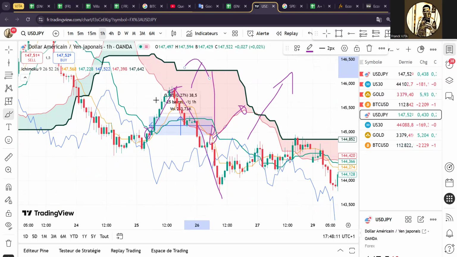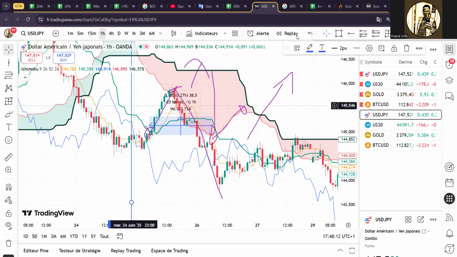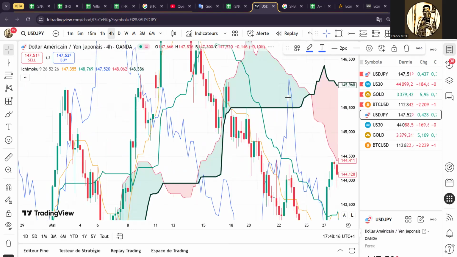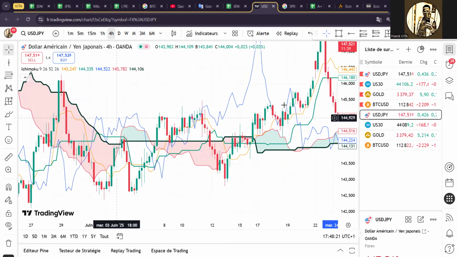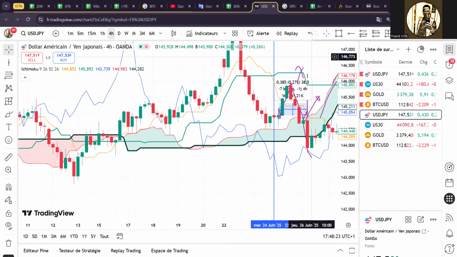Just because when you do a top-down analysis for this speed understanding, you will realize that at this point in time, in 4 hours you got a freshness of TK cost.